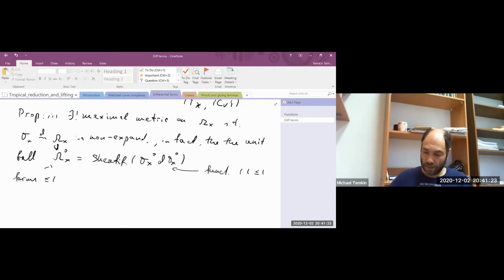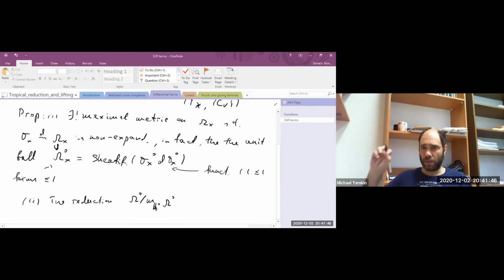And second, one can now compute the reduction of φ with respect to this norm. And the reduction, which is defined by this rule, is a union of skyscraper sheaves sitting at points of type 2.